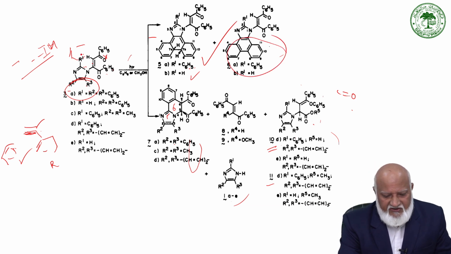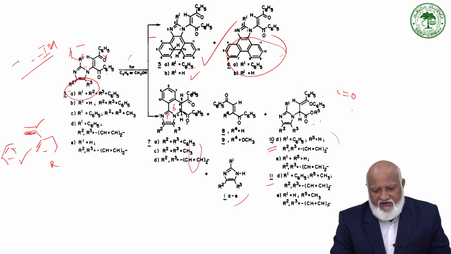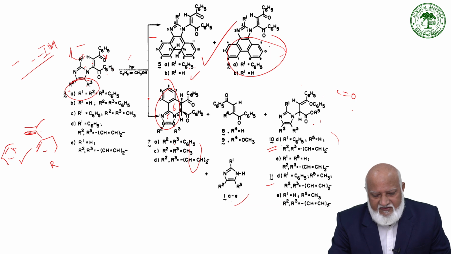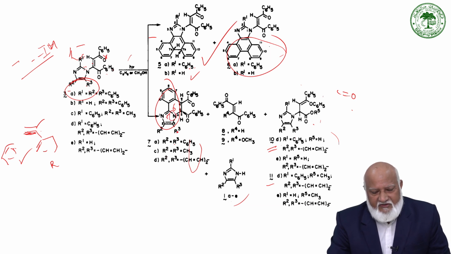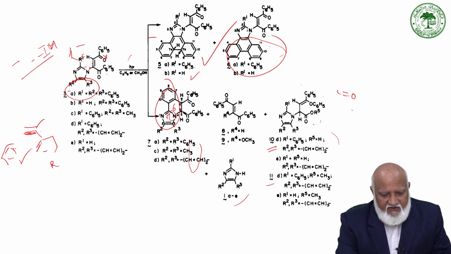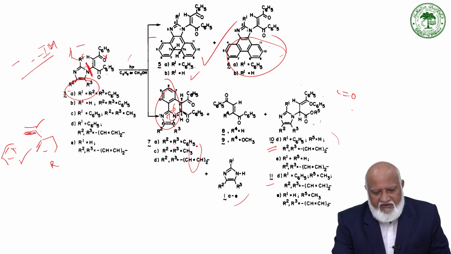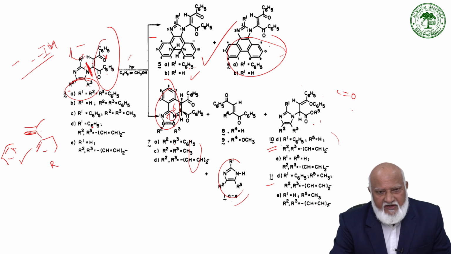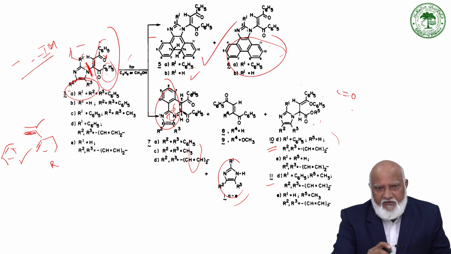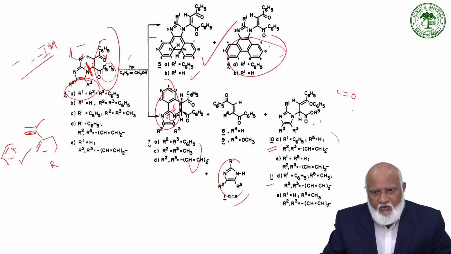Second is when R1 is equal to C6H5, then it undergoes 6 pi electron cyclization to give this tricyclic 5-6-6 system containing a nitrogen as a heterocyclic system. The third pathway is the cleavage of this bond giving imidazole and this, and the fourth pathway is the dibenzoyl alkene rearrangement where the phenyl group is migrated to the other benzoyl group, giving rise to an ester derivative.